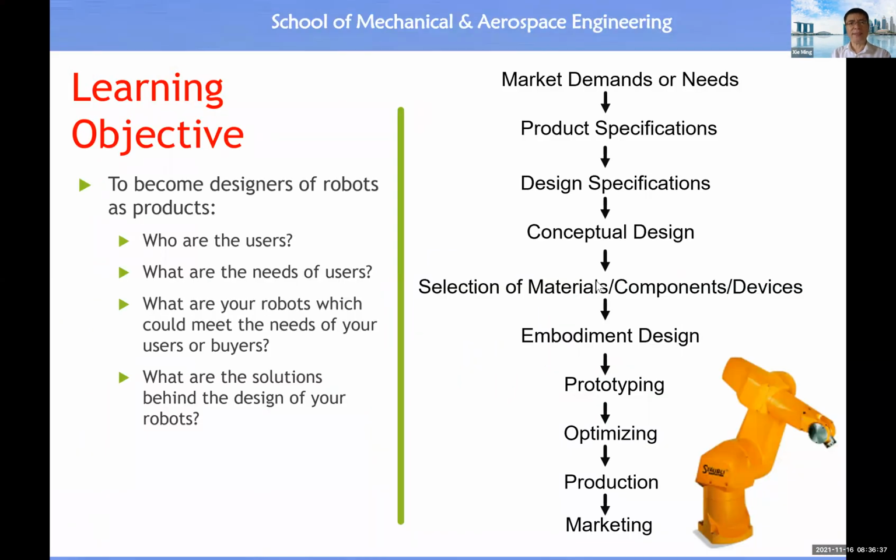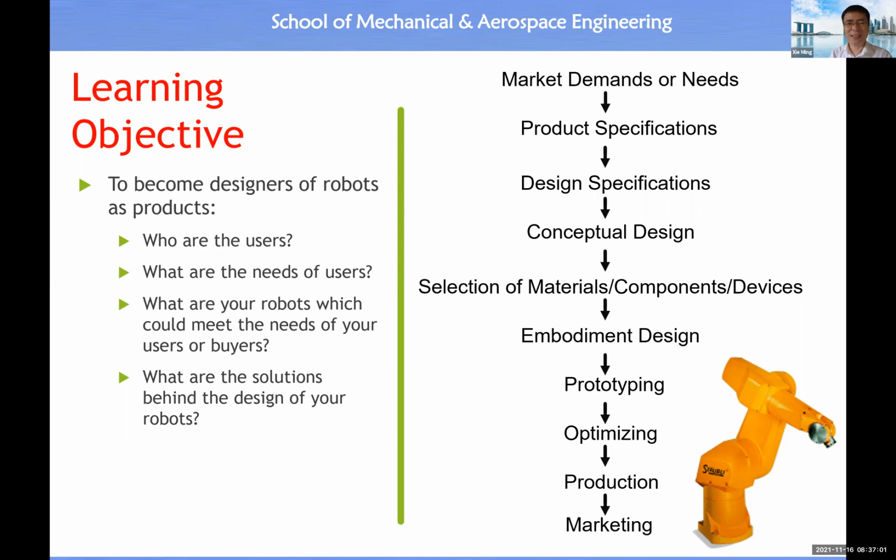Before we enter the study of today's lecture, it is always good for us to have a quick review about the learning objective. You understand the learning objective of this course is for you to become a designer of a robot as a product.